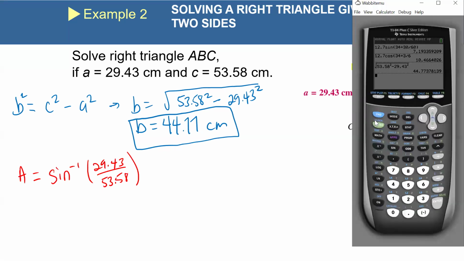So we're going to press second sine, and we're putting in 29.43 divided by 53.58.